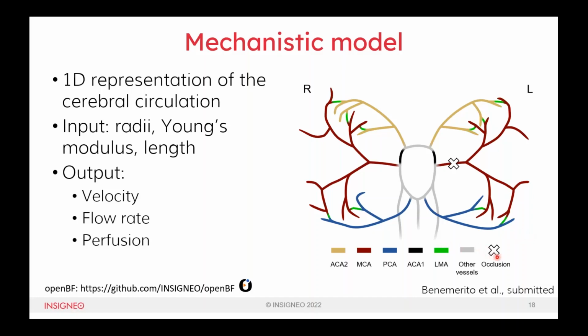And this model takes as input a number of parameters, but in particular, it needs the radii of the arteries in the network. And given this, it's able to predict the velocity, flow rate, pressure and perfusion in all the points of the network.